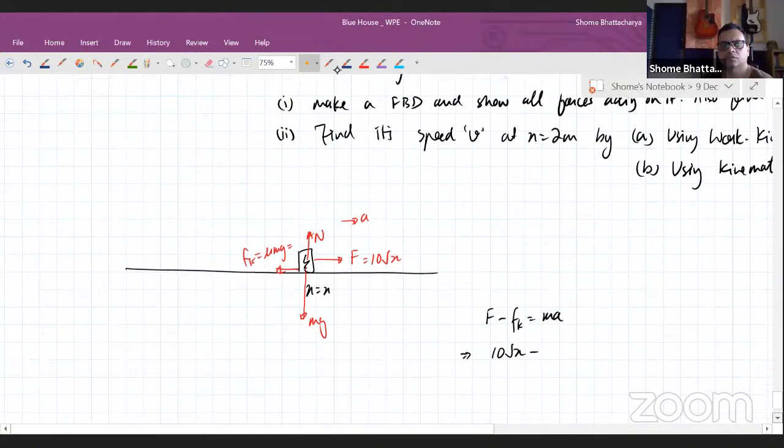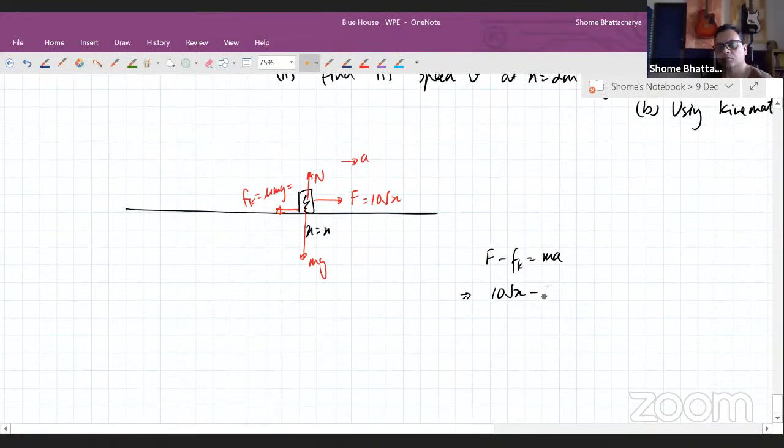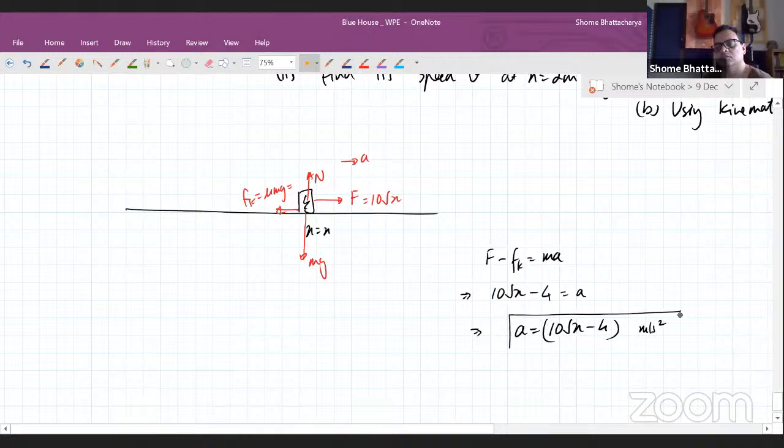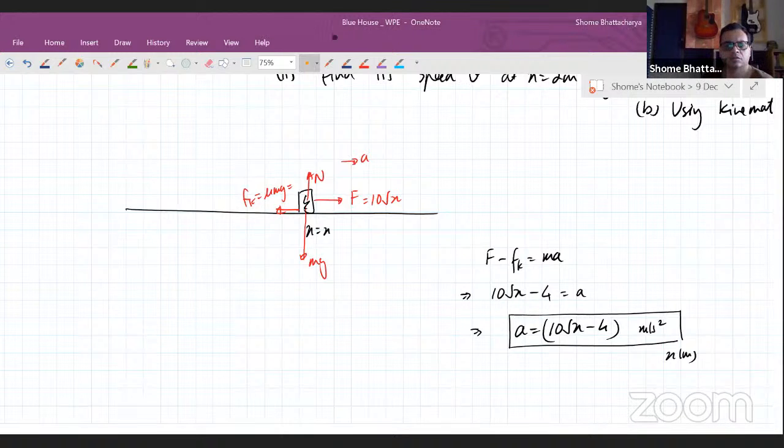So 10 root x minus 4 is equal to mass, which is 1 kg, into acceleration. So acceleration as a function of x is 10 root x minus 4 meters per second square, where x is in meters. So that's the first part.